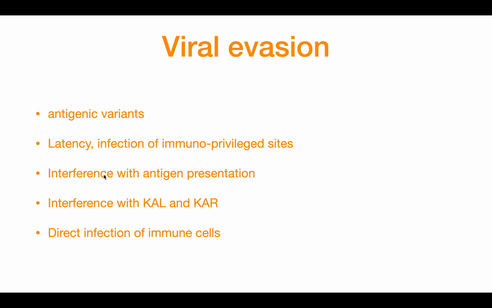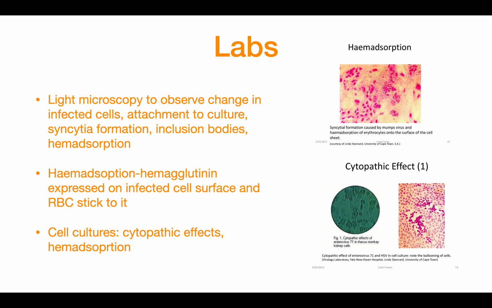They can also alter antigen presentation and interfere with KIR and KAR, so that's not going to allow the natural killer cells to come and attach to the defective or infected cell and lyse it. And it can direct the infection of the immune cells.